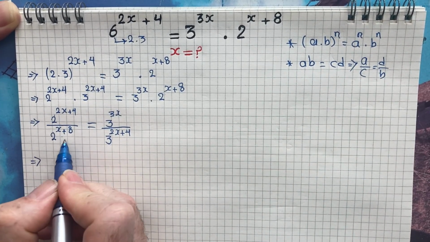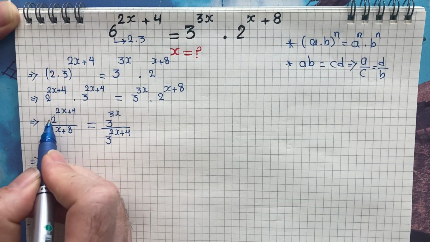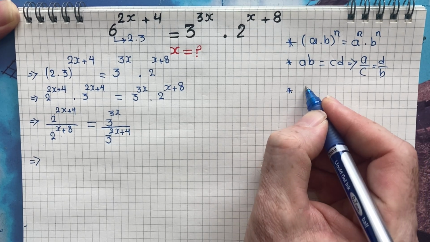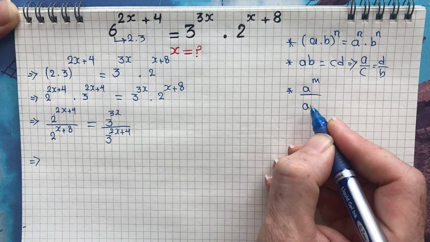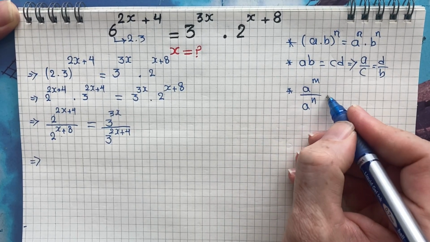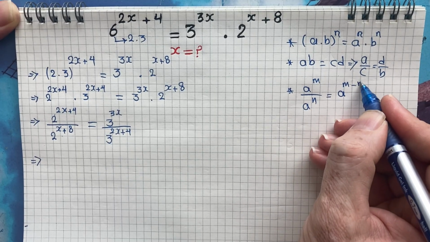Next, look, left hand side, we have exponential division with same base. So I need to follow this, a raised to m over a raised to n. Same base, different exponent. I write a base and simply subtract exponent.